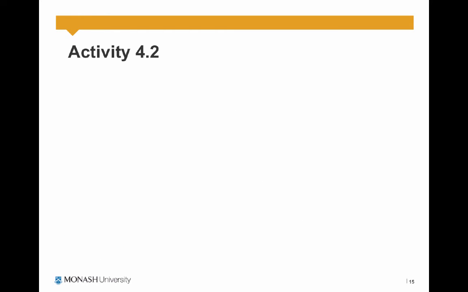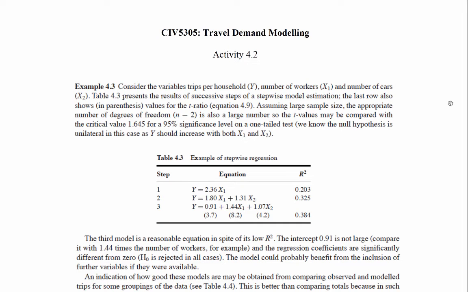I think it's a good time to have a look at activity 4.2 to practice a little bit on trip generation using regression modeling. In activity 4.2, we go over example 4.3 of the textbook. Consider the variables trip per household y, number of workers x1, and number of cars x2. The table you see here presents the results of successive steps of a stepwise model estimation.